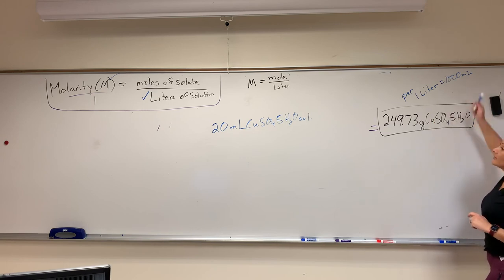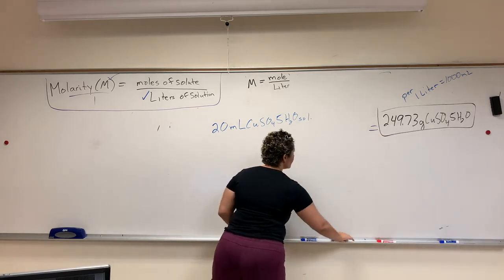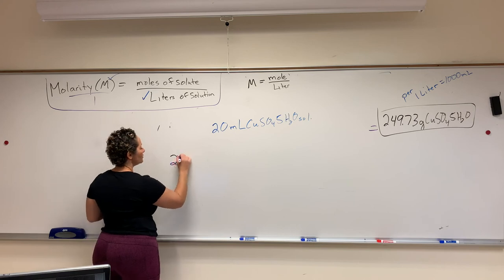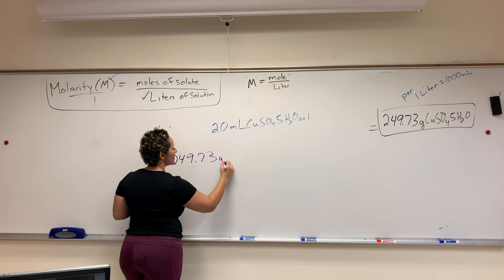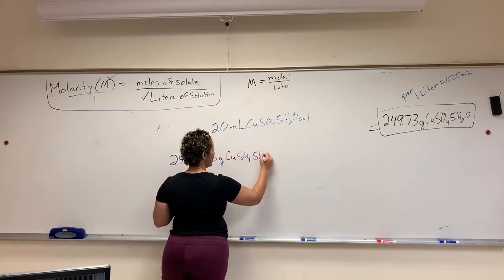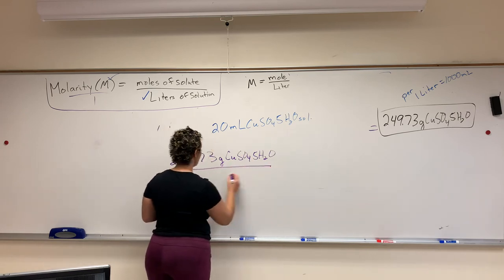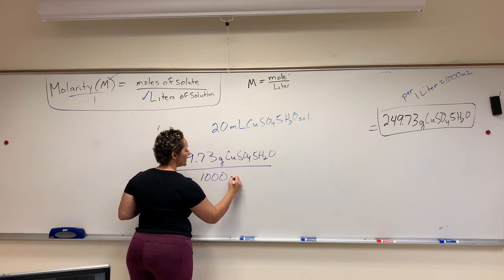All right, so now that we have that, let's go ahead and do some work. I'm gonna put 249.73 grams of CuSO4·5H2O per 1,000 milliliters.